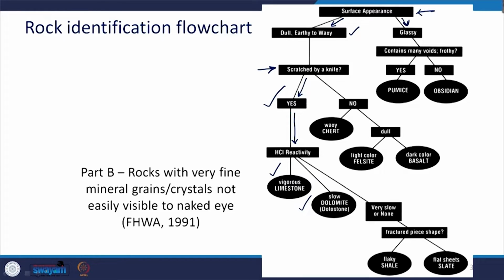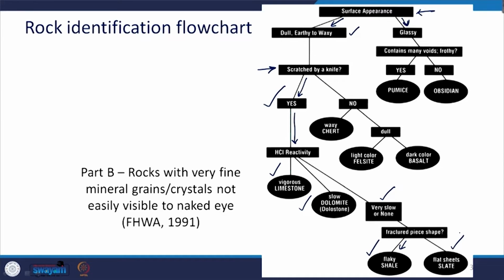If you have very slow or non-reactivity, then we have to check the shape of the pieces when the rock is fractured. If it is flaky, then it is shale. If it is flat sheets, then it is slate.